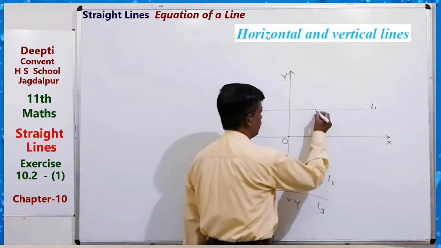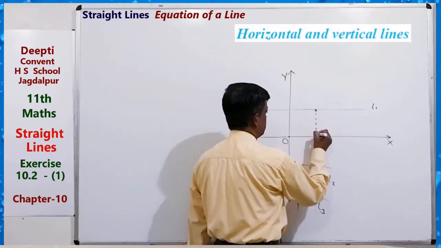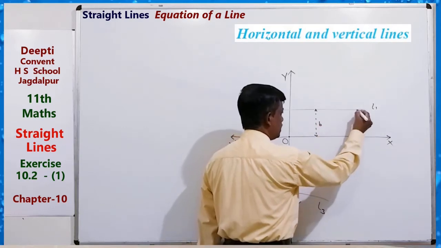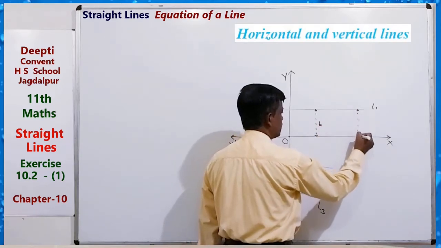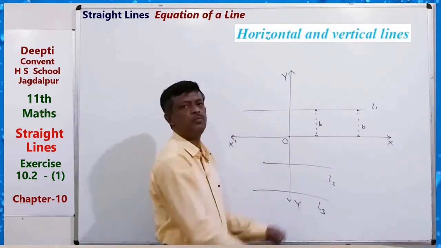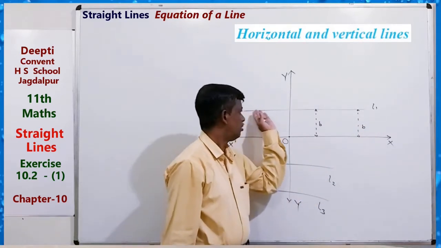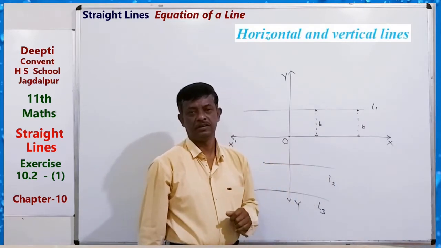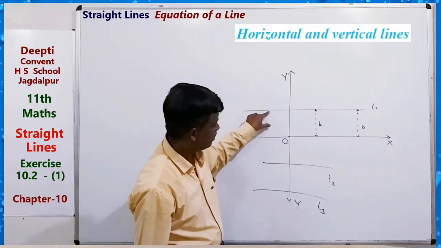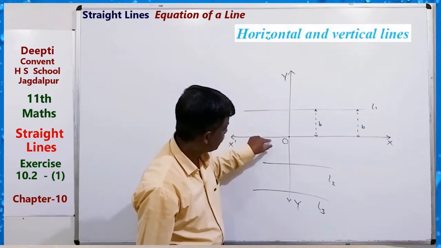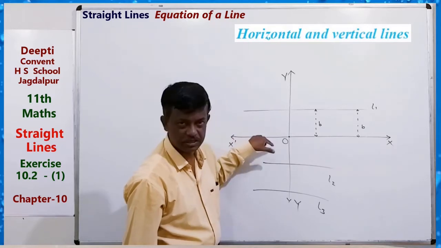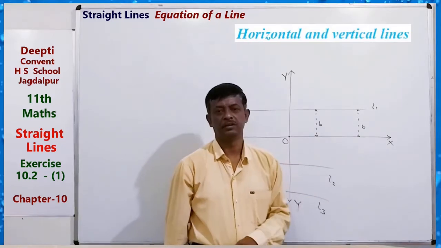If this value is b, then at any point on this line L1, the perpendicular distance from the x-axis is always b.